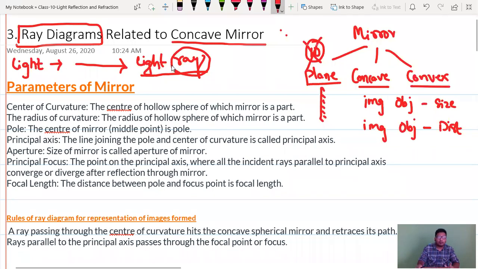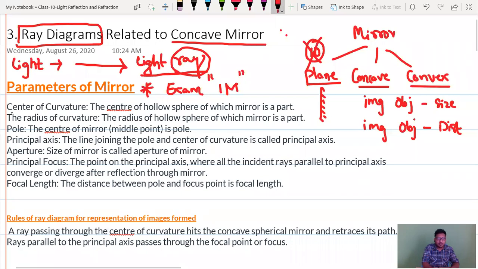Now, before drawing these light ray diagrams, we have to understand a few basics. These parameters of a mirror are so important. In your examination, for 1 mark, they are going to ask you these concepts.